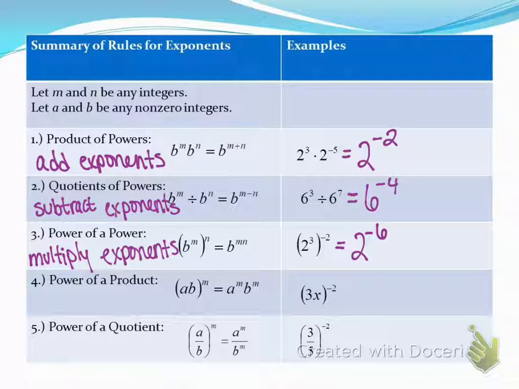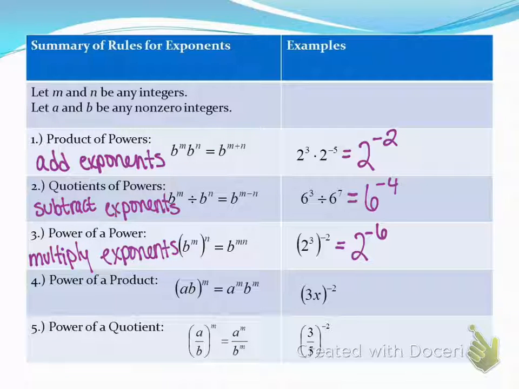All right, next we've got the power of a product. So this time we've only got one exponent, so we're not doing anything really with the exponents. It's not an add, subtract, multiply situation. That exponent is given to every factor inside. Okay, so that's not like a quick, short way to write that. The exponent is given to each factor in the parentheses.